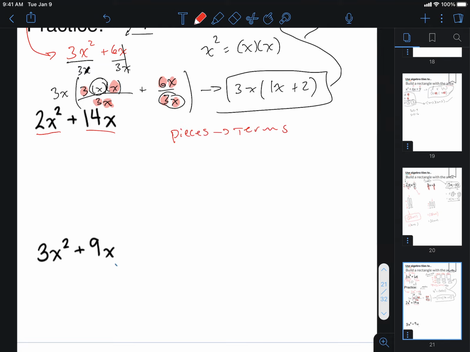That's the terminology that we're using. Terms. I got two of them there. I'm going to look at them and ask, what's similar about them? In the sense, what could I divide both of them by equally, right?